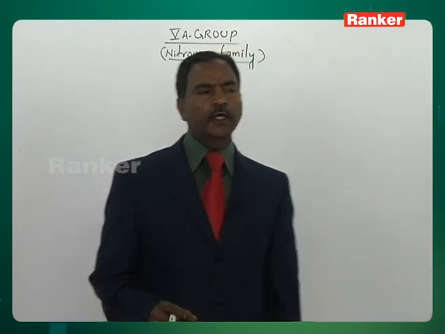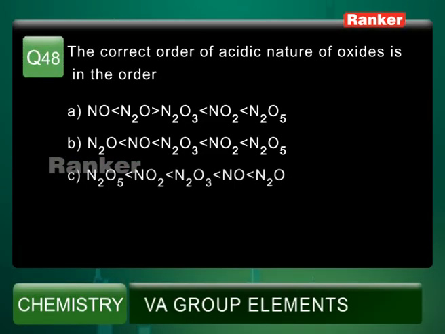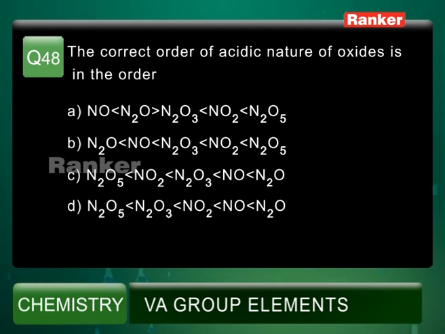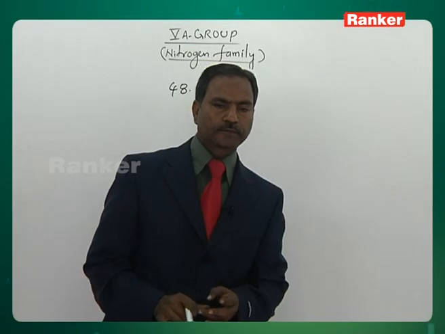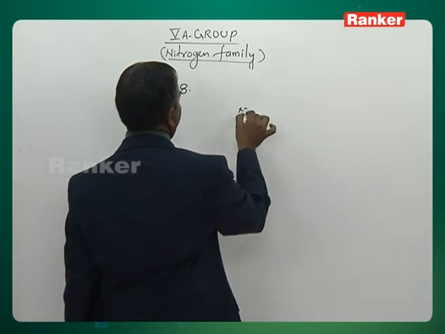Question number 48. The correct order of acidic nature of oxides. Correct order of acidic strength of oxides. See, among these, what are given?